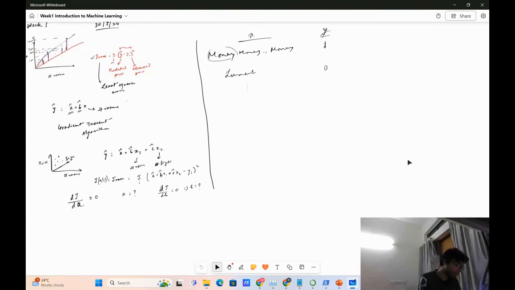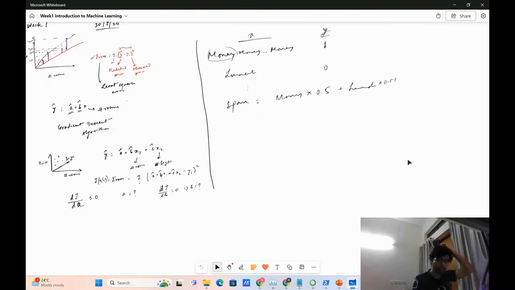So let's say your model has trained and it has trained like spam equals, if money is mentioned one time, it will get a weight of let's say 0.5, and if lunch is mentioned one time, it will get a weight of 0.01 because it has less weight, less probability of becoming a spam, and so on.